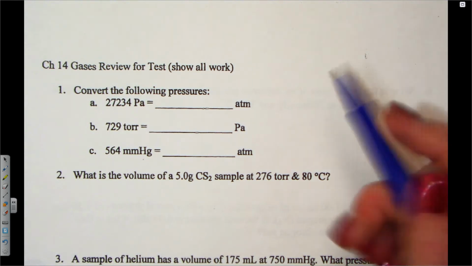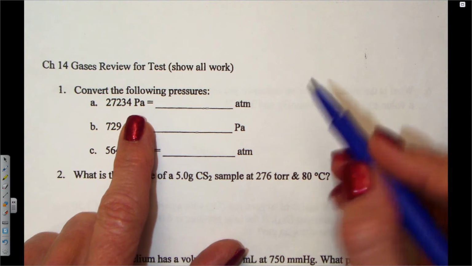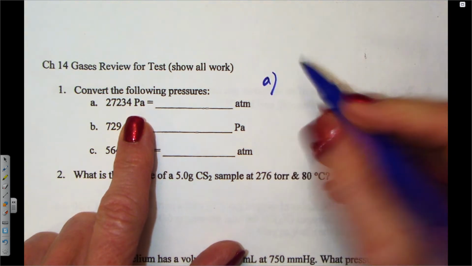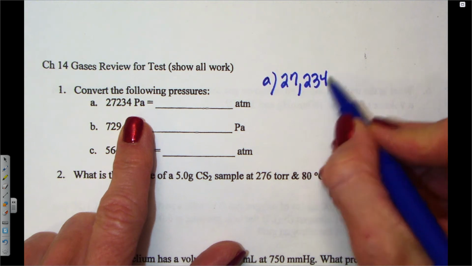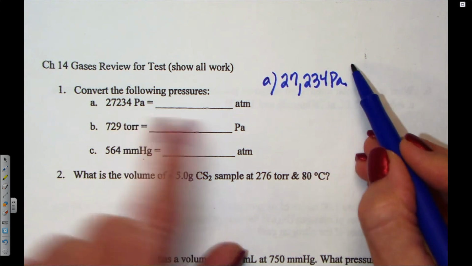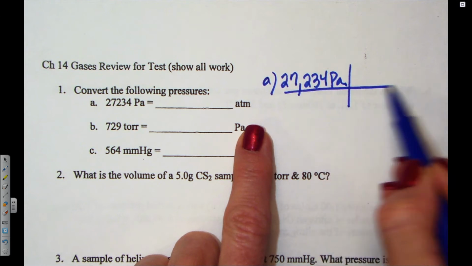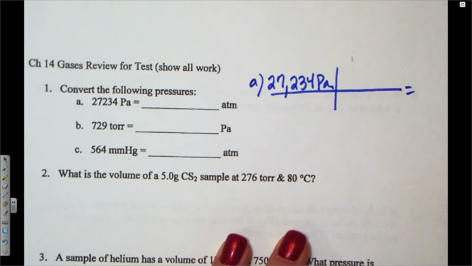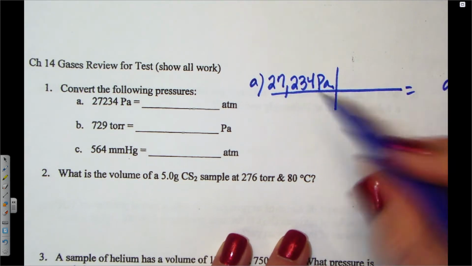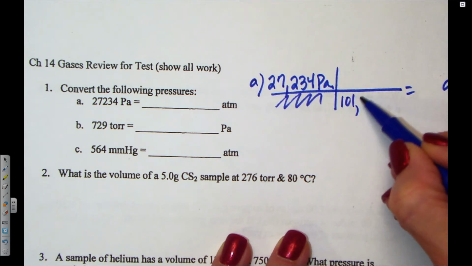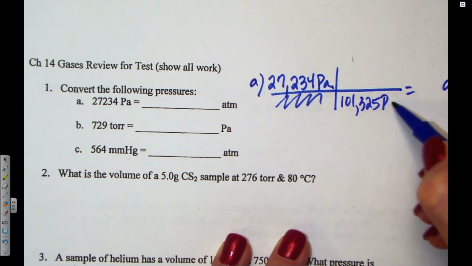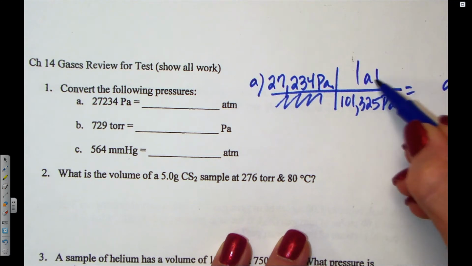And so for these, we're going to recall our conversion factors. So for A, we're going to use 27,234 Pascal, and we're trying to convert this to atmospheres. So you're going to set it up using dimensional analysis, and remember that 101,325 Pascal is equal to 1 atmosphere.